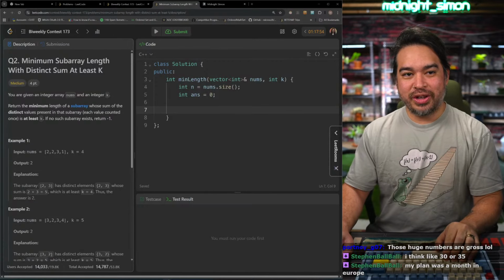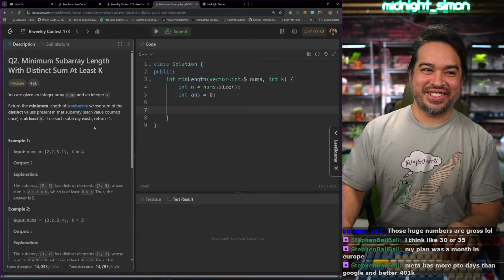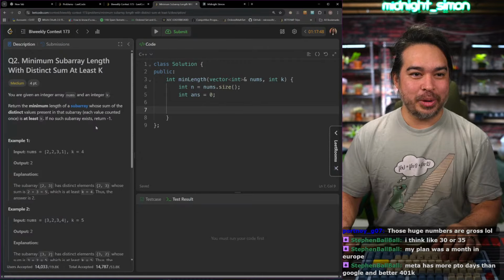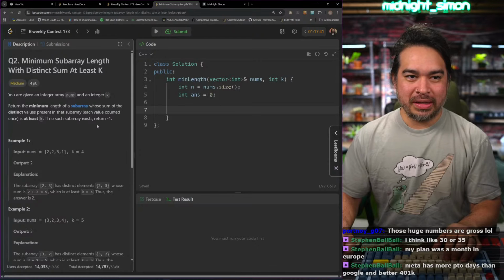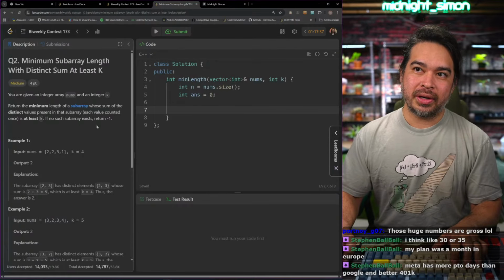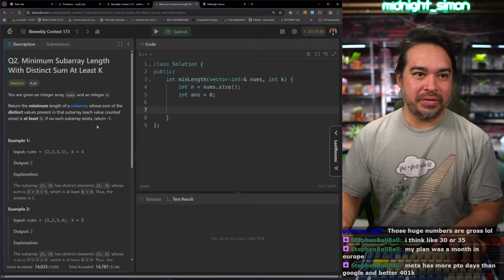Those huge numbers are gross. What do you mean gross, man? Man has more PTO days than Google and better 401k? That's crazy. How many PTOs do you get, man? At Google I got 20. And for people there 5 years or longer get 25, I think.